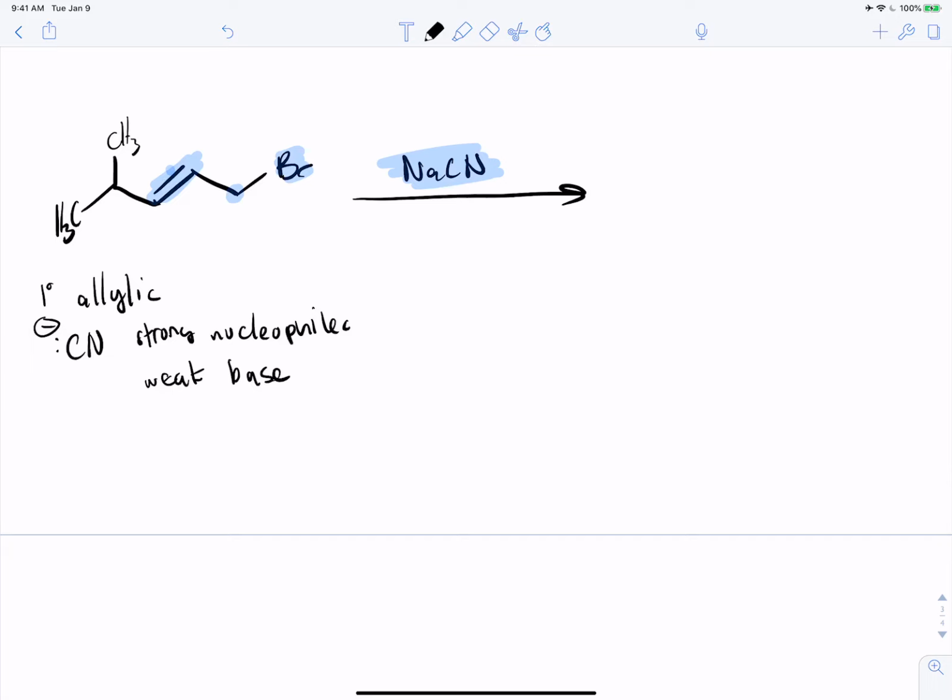Okay, so weak base, not going to be E2. Primary allylic means that it could be SN1 or E1, but we've got a strong nucleophile, so SN2 is going to win this match. There's no stereochemistry to worry about. This is just a straightforward swap of one group for the other.